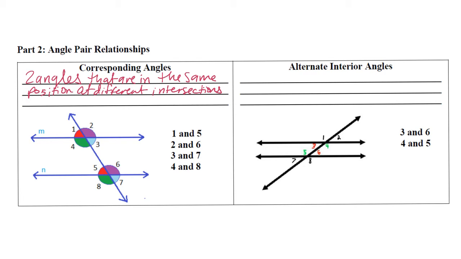All right, alternate interior angles are two angles, and you have all these definitions in your notes if you want to look back at them, that are inside the parallels but on opposite sides of the transversal.